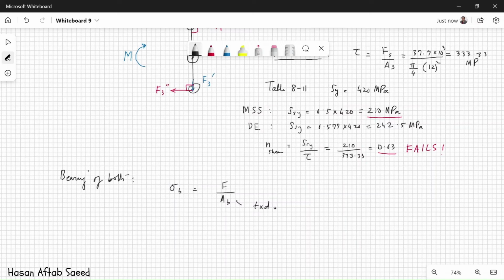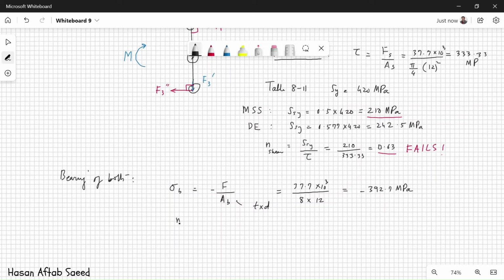The threads do not extend into the joint, so we don't need to worry about the threads. All we need to do is simply calculate the projected area. 8 is the thickness of the plate and 12 is the nominal diameter of the bolt, and this turns out to be 392.7 megapascals. Recall that bearing stress is always compressive, so the minus sign will always go with it.